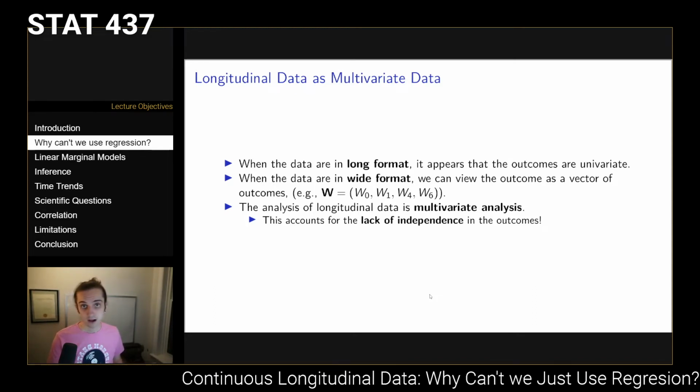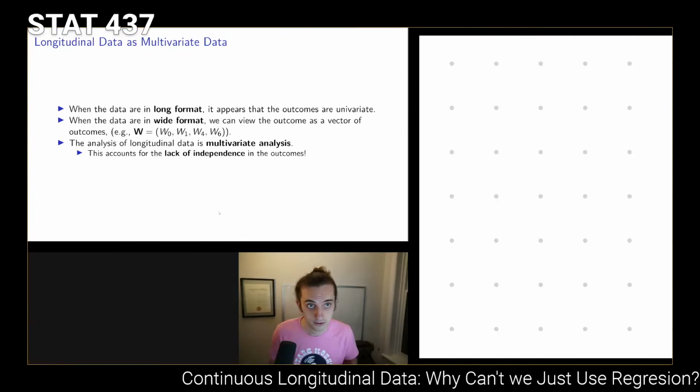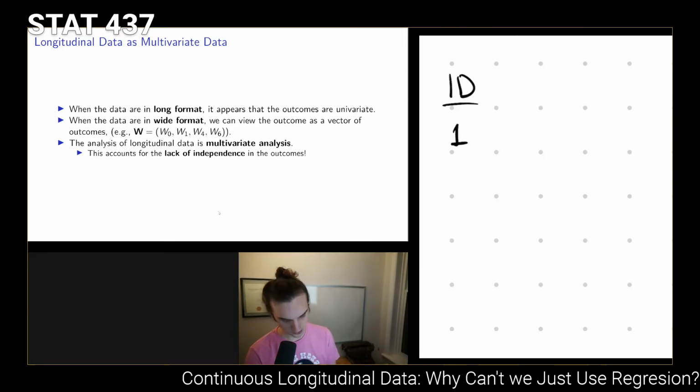And so I'll take a second here and write this out somewhat more explicitly, just to make sure that we're really harping on what's happening. So in our long format of data, if we do a simplified example where there's two individuals, we have this ID, individual 1 and individual 2.